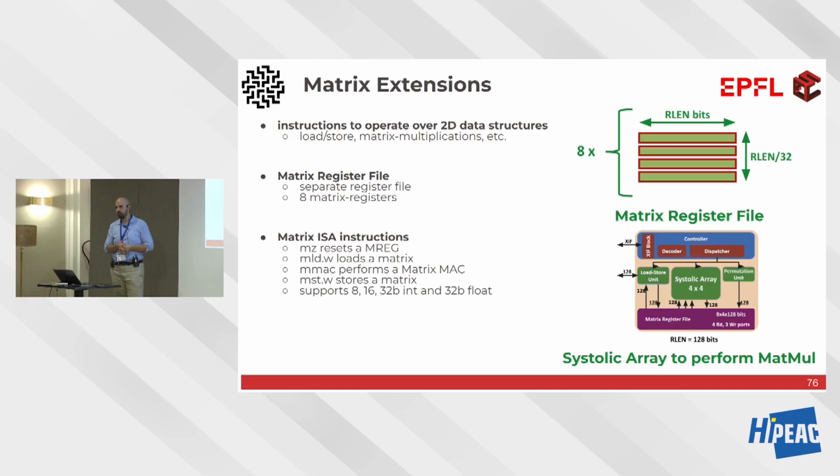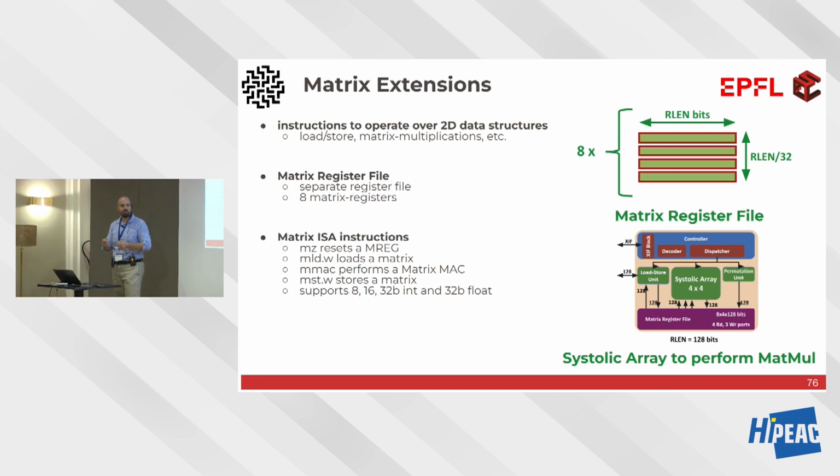to compute matrix multiplication. So now you have your matrix register file that contains in each of the 8, in this case RISC-V is going for 8 matrix registers, the matrix or the sub-matrix of your bigger matrix.